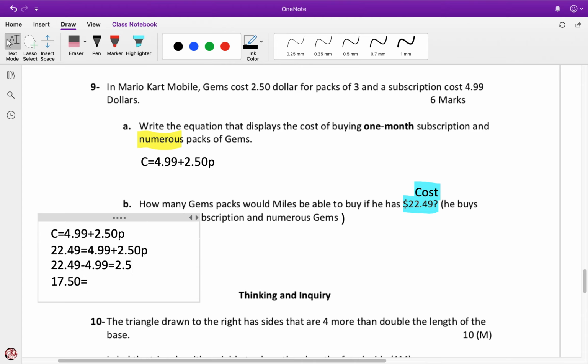So that equals 2.5p. Now I need to isolate my letter, so I'm going to divide. I'm going to move that over. So 2.5 is a multiply, so I'm going to divide it by 2.5. And that's going to give me my p-value. So I know I have 7 packs to purchase.